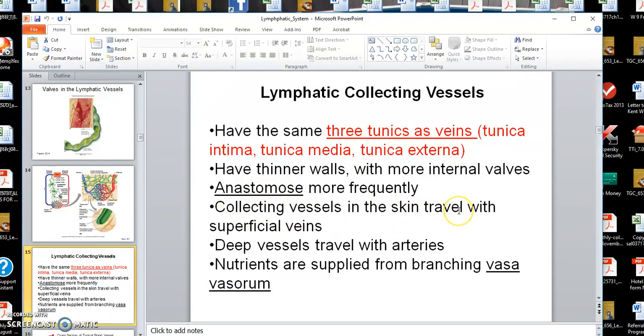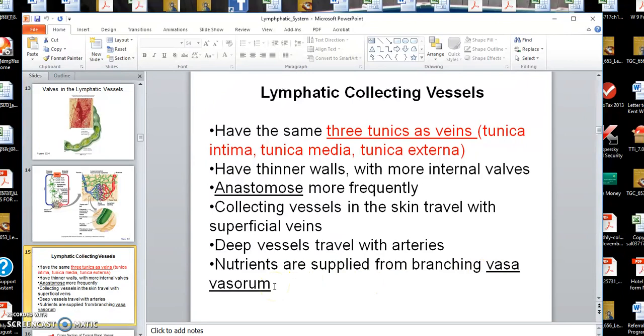Collecting vessels in the skin travel with superficial veins. They're surrounded by sheaths to travel with veins. And the deeper vessels, which are the larger ones, the deeper you go, travel with arteries. With vessels, even blood vessels, sometimes you need a vessel to a vessel.